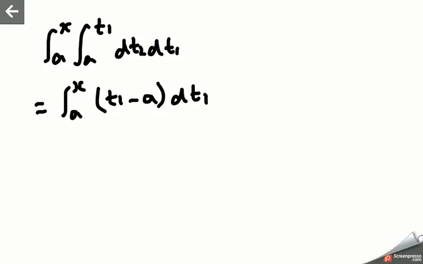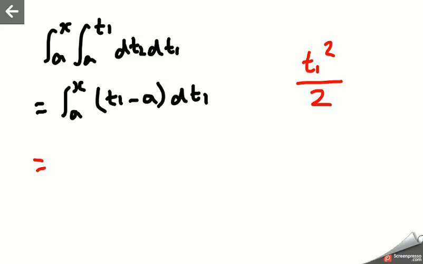There's a couple of ways I can do this, but I can just treat t1 minus a as a single variable, because if you think about the chain rule, t1 is not being multiplied by anything. So if I integrated t1 by itself, I would get t1 squared divided by 2. But subtracting a doesn't make a difference, because the t1 is still not being multiplied by anything.